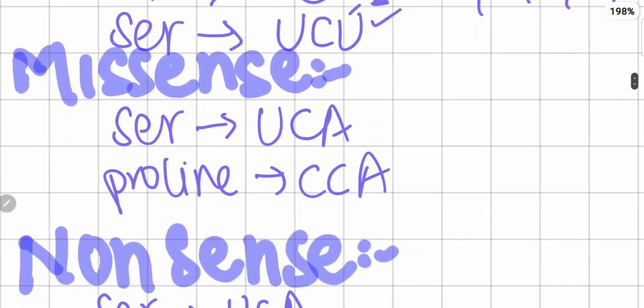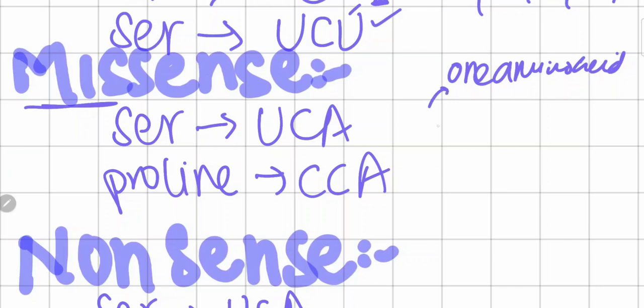Okay. Then we have the missense mutation. In missense mutation, what happens is that one amino acid is coded for another. So there is a replacement of the amino acid, right?